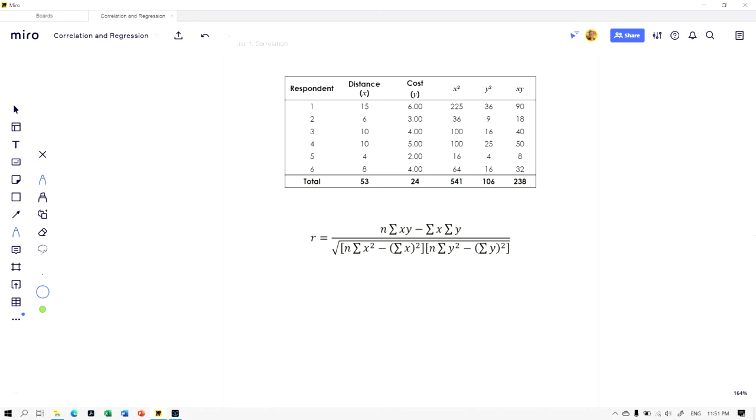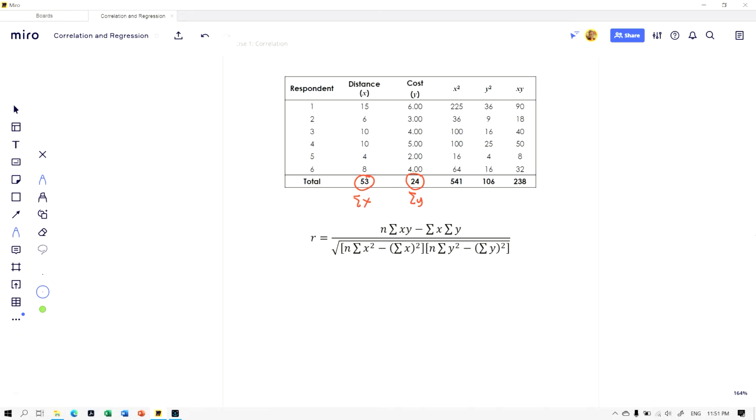So just to repeat again, this value is actually your sum of x, because it is the sum of all the x values, and the sum of all y values is equals to 24, and this 24 is your sum of y.